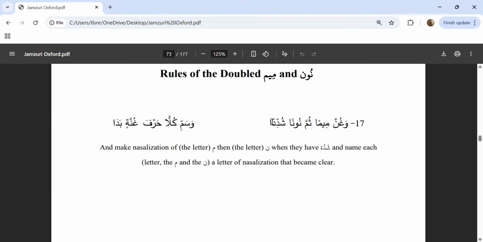This particular alif is there because it's referring to the two letters, the meem and the noon, when they are shuddida. So this is the alif of the dual form in Arabic. Just be aware of these subtleties, because your students may ask you, and you need to know the construction of the words.